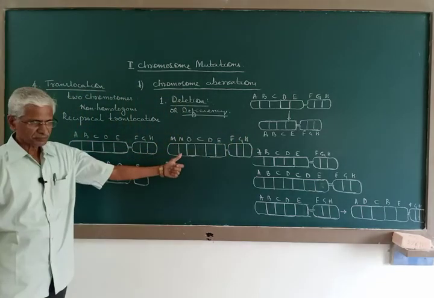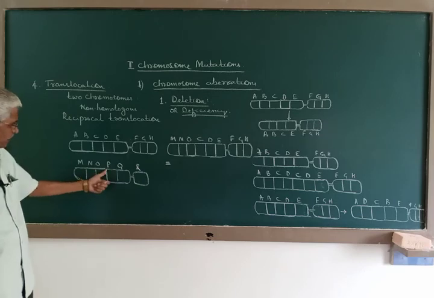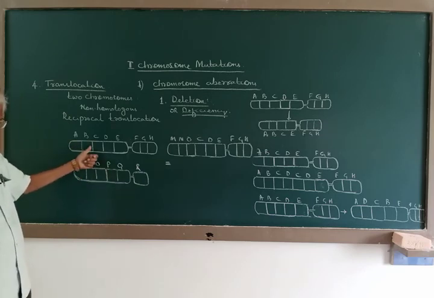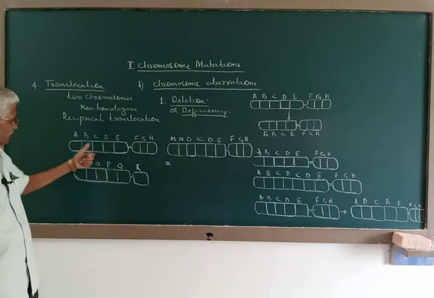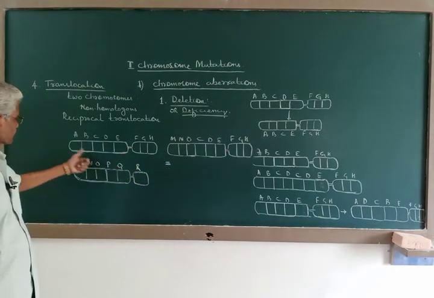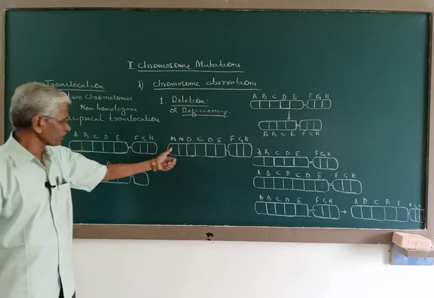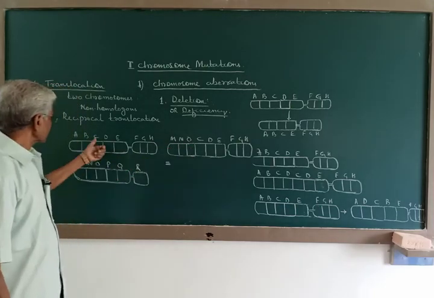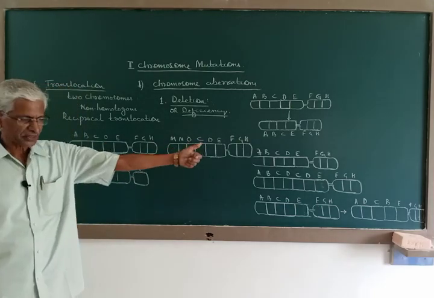This chromosome has received this part and lost the AB part. So after this reciprocal interchange of the segments, in place of AB you will have M and O, and then C, D, E and others will remain the same.